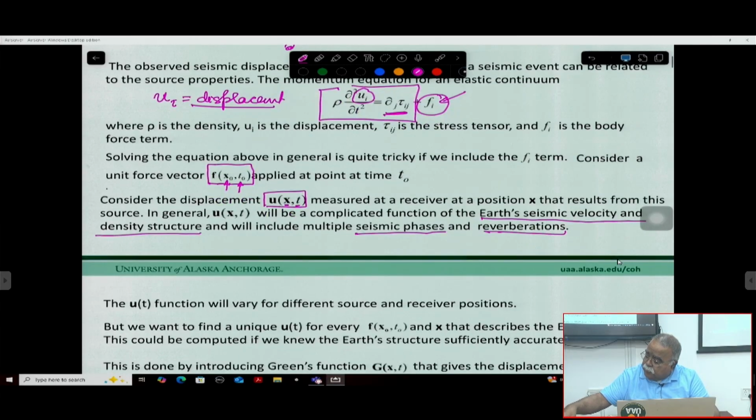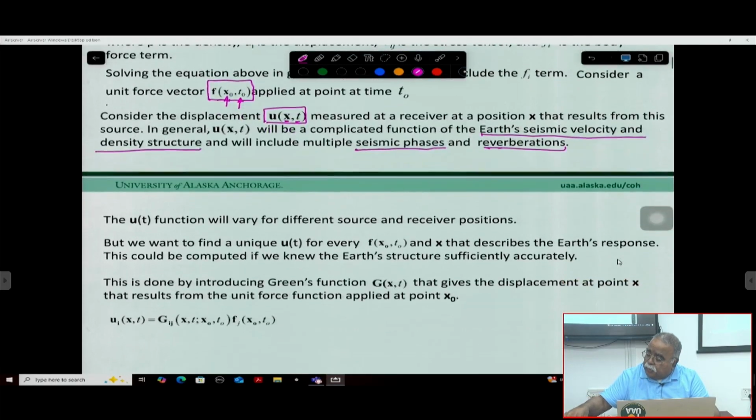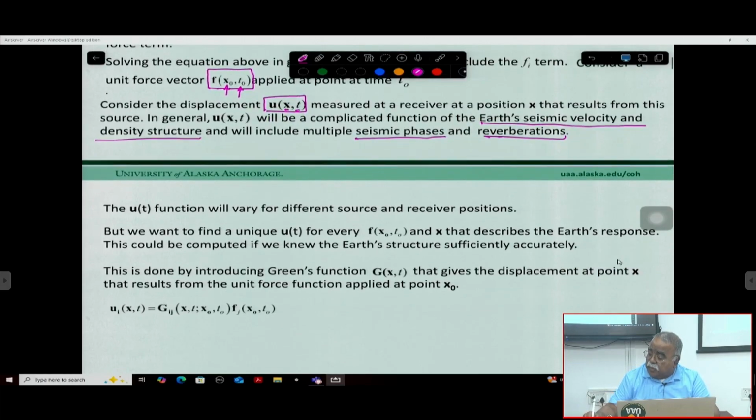So the UT, or the displacement function, I just showed you this displacement function. This differs for the various source to location geometry. That means if this is the source and this is the site, and if this is the source and this is the site, how the displacement changes with time, that is your UT function.